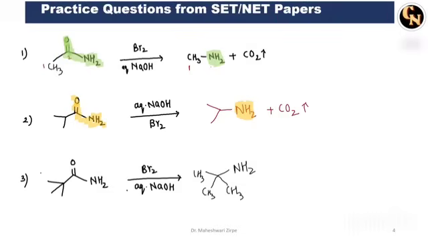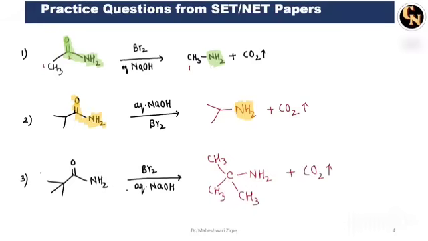This is nothing but your Hofmann rearrangement reaction. Before we go to the next one, let me write this product again very properly: C NH2, there is a CH3 group, CH3 group and CH3 group, plus CO2.